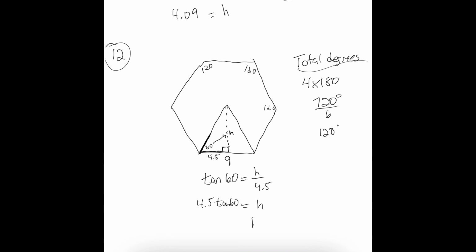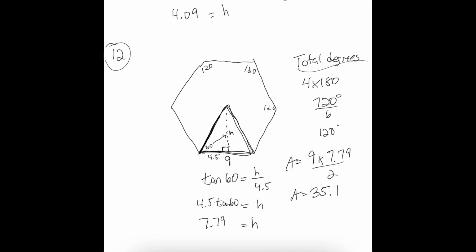I get, for my height, 7.79. All right, so the area of this main triangle right there: area equals base, 9, times my height of 7.79 divided by 2. And that gives me 35.1.